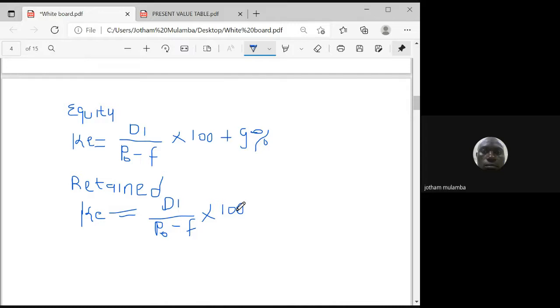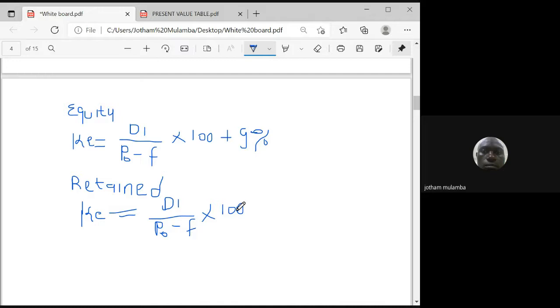Where KE is cost of retained earning. P naught is price per share.